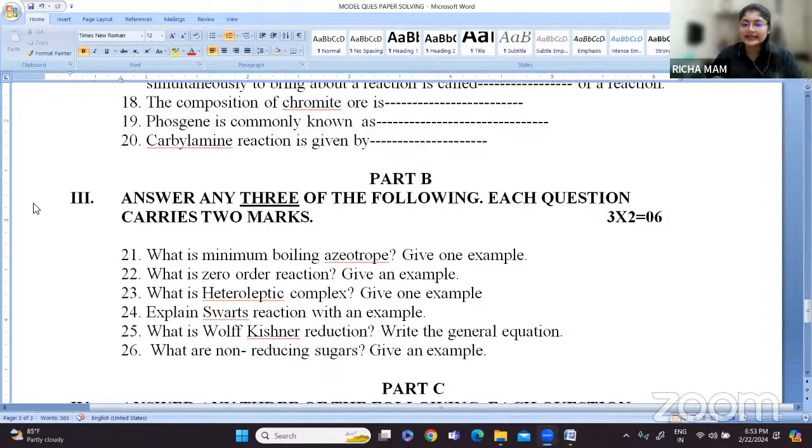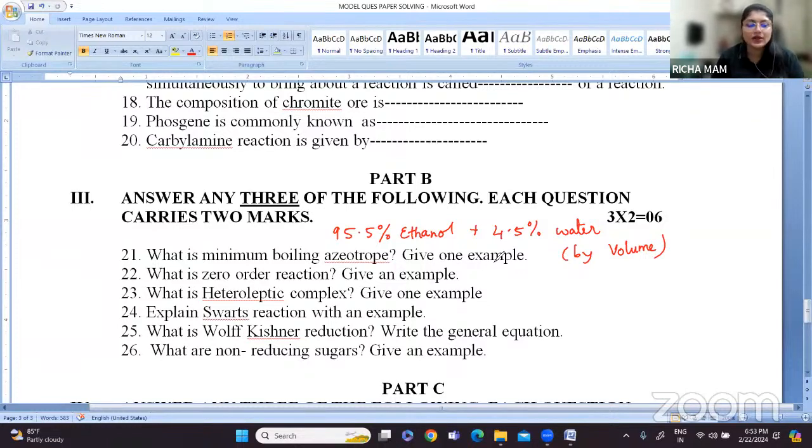Now, what will be an example for minimum boiling azeotrope? 95.5% ethanol plus 4.5% water by volume. Is it clear? What is minimum boiling azeotrope?